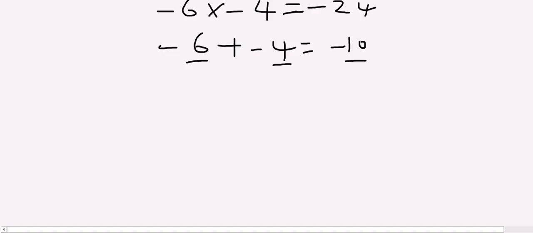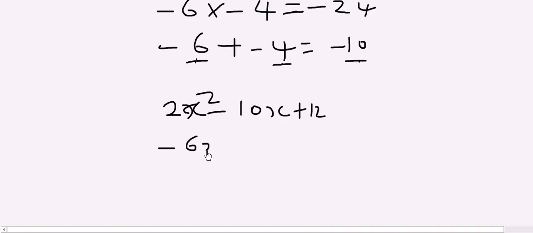So if we recall our expression, which is 2x squared minus 10x plus 12, the factors we have chosen here are simply minus 6 and minus 4. If minus 6 plus minus 4 gives minus 10, it follows that minus 6x plus minus 4x also gives minus 10x.